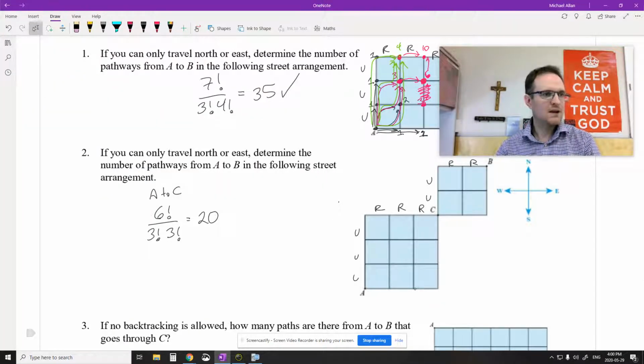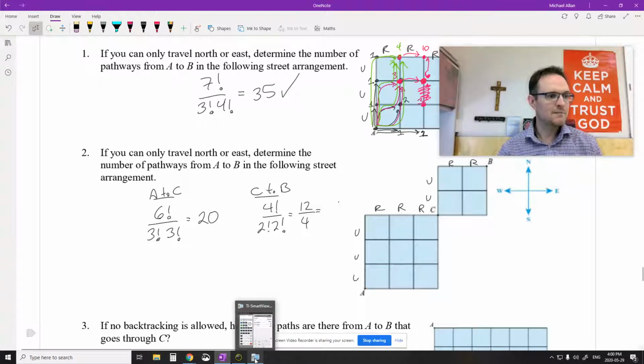Okay? Then from C to B, there are 4 factorial divided by 2 factorial, 2 factorial. 6, that's 12 divided by 4. So it's only, no, it seems like there's more than 3 ways. Just 1 second. I think I messed up somewhere.